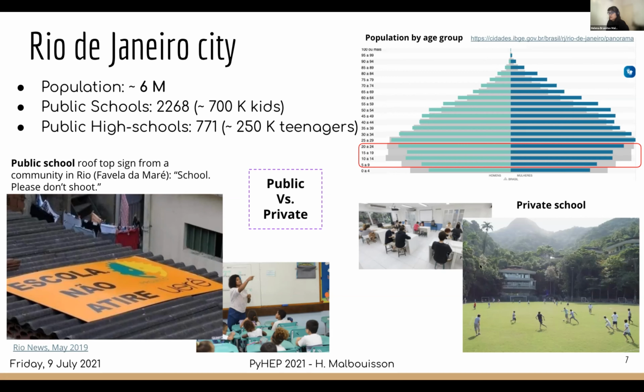And if you look further into the pictures, you will see how it can create social and racial bias in the society and of Rio in general. So we can ask ourselves, how can we create then opportunities for those kids that come from some of those public schools and high schools?